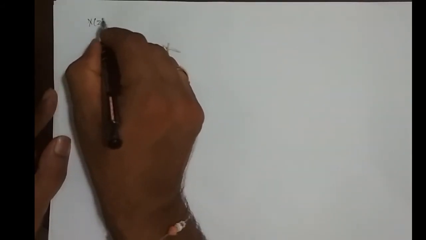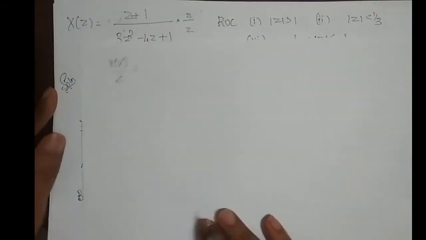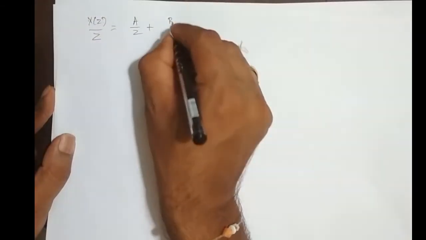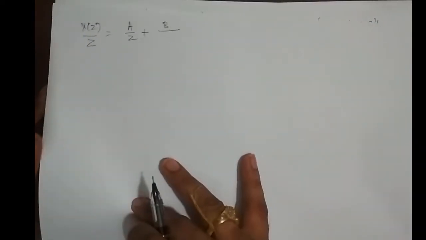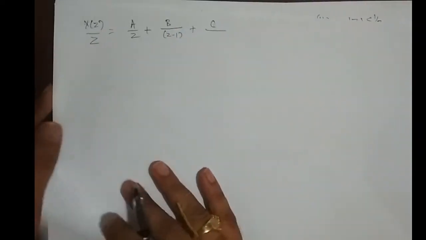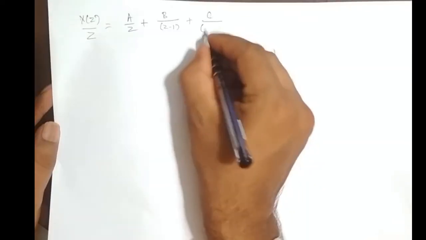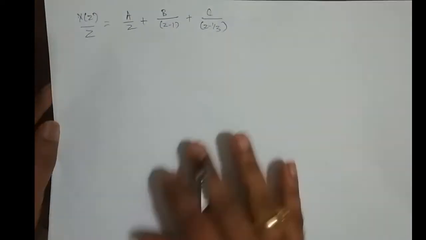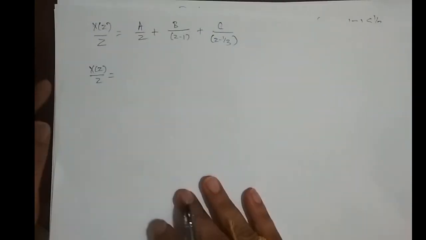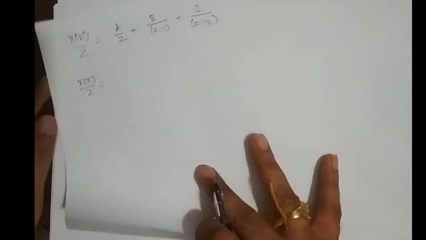X(z)/z is equal to a/z plus b/(z minus 1) plus c/(z minus 1/3). Okay, so X(z)/z is equal to, what is the value of a? A is 1, b is 1, c is minus 2, right?